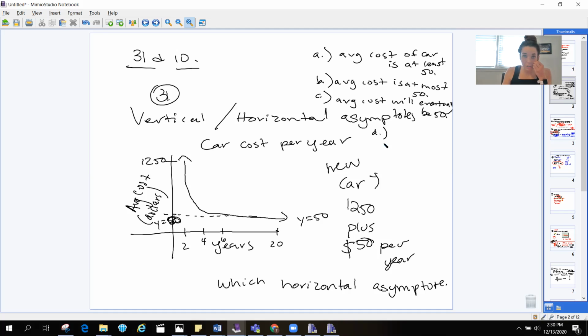Or the longer the car lasts, the closer to the average annual cost it will be. Okay, so I just want y'all to take a moment, look at those answer choices, and then let's talk about it.